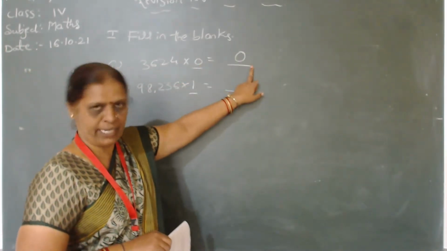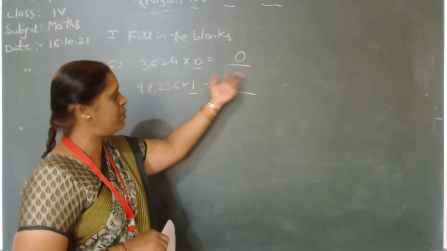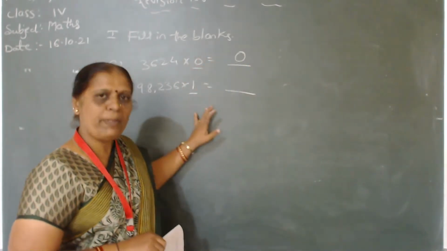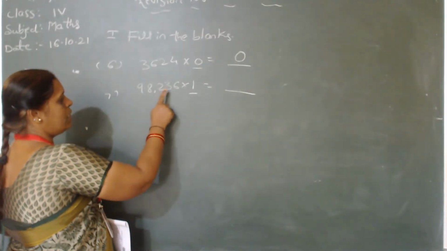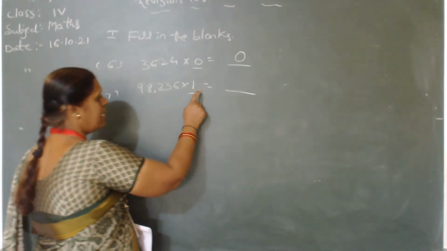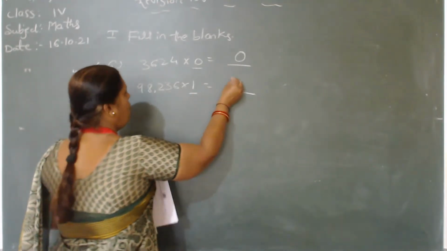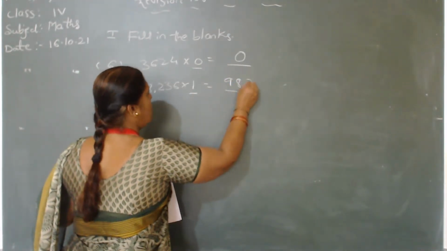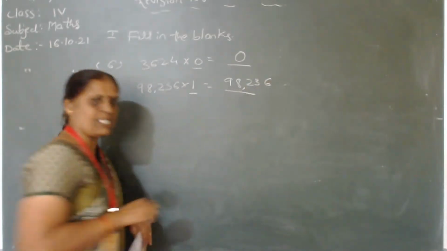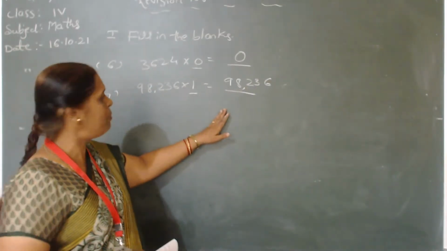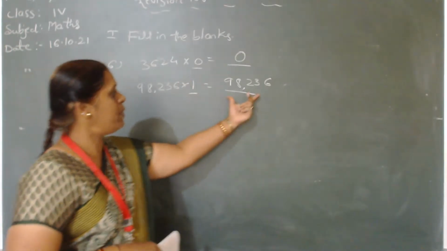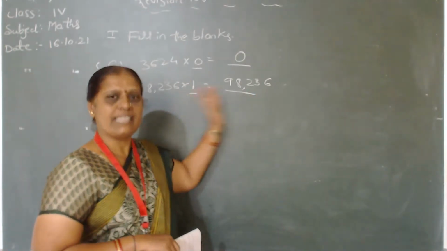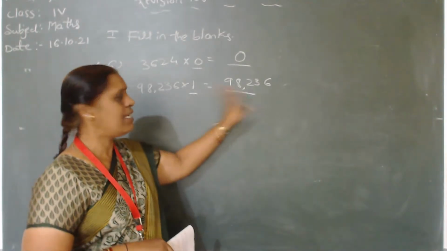Multiplier and product, multiplication, you learned about this. So these are the properties of multiplication. Now 98,236 into 1 is 98,236. What is the formula? Any number multiplied by 1, the product remains the same number.